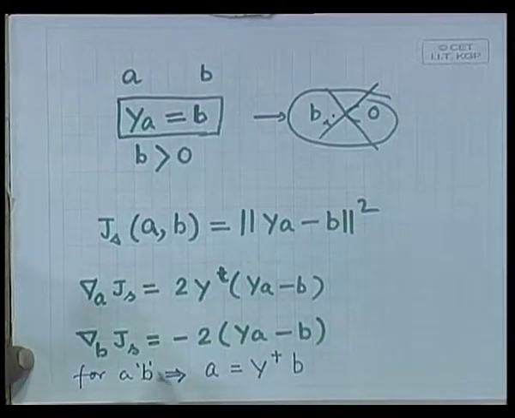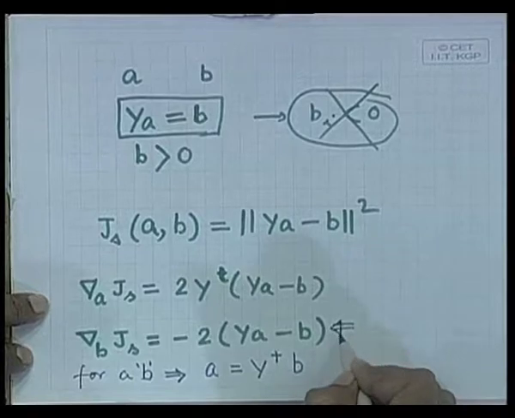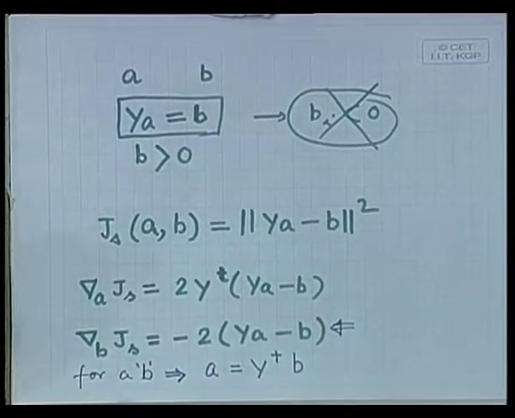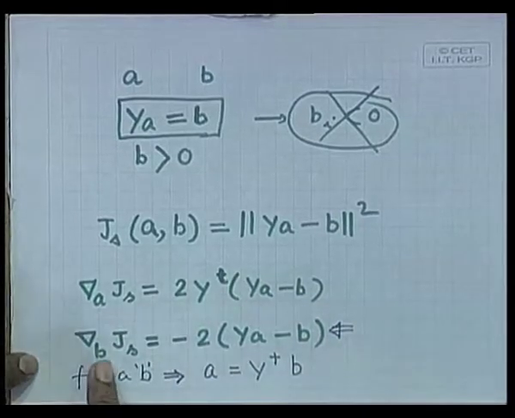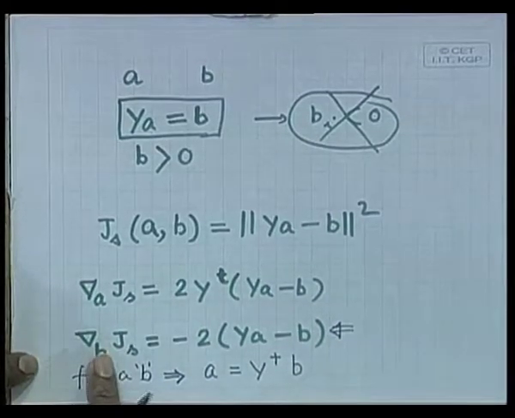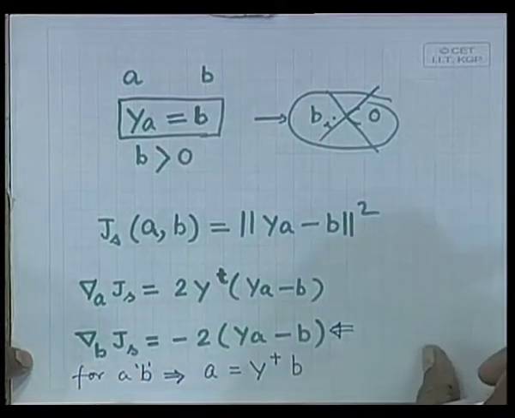Here our main aim is to find a proper value of B by following the gradient descent procedure with the help of the gradient of J_S with respect to B. While doing so, we have to ensure that none of the components of B can fall below 0.